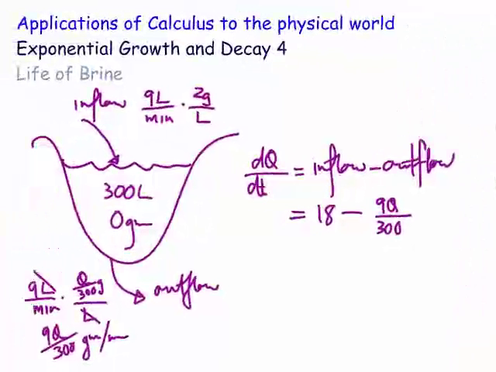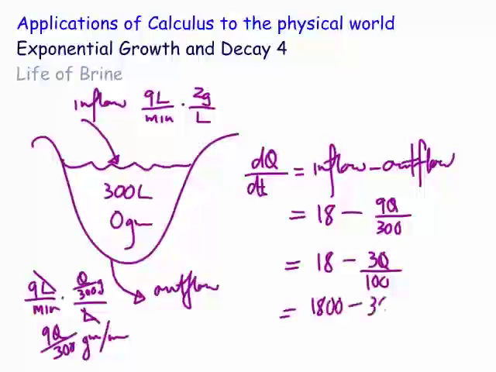Let's rewrite this. It should be 18 minus 3Q over 100, which is 1800 minus 3Q all over 100.